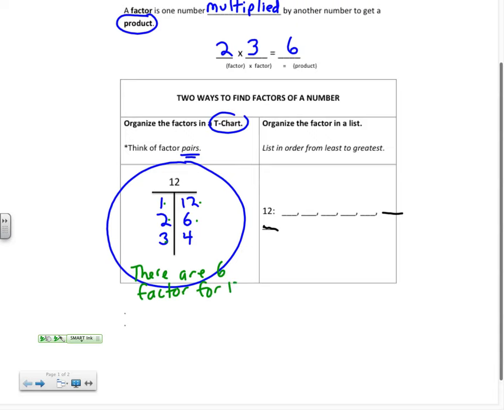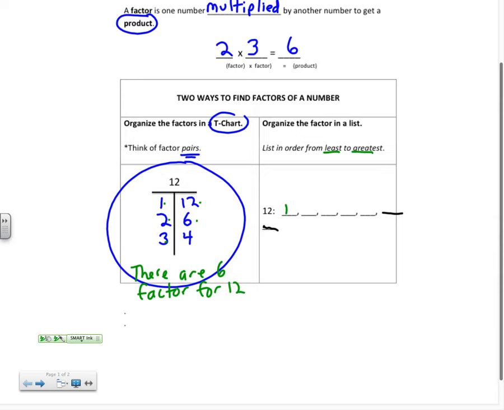Okay. Another way to organize our factors for 12 is to create a list. Now when we do this again, we want to keep it organized. We want to have a system. So I'm going to start again with factor pairs. I know 1 times 12 is 12. I want to order them though from least to greatest. So I've heard this called a rainbow. We can think of a rainbow.